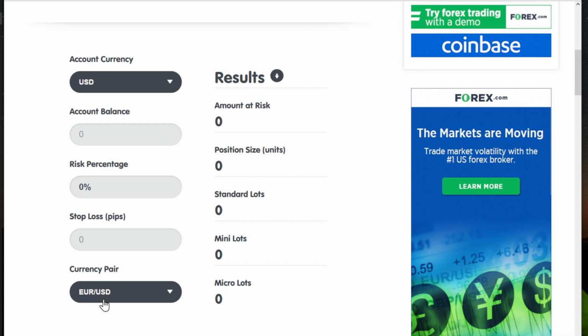Our currency pair we're trading is Euro. We happen to have in our paper account 100. Now, let's say that we want to risk 100% of it, which you don't want to do.